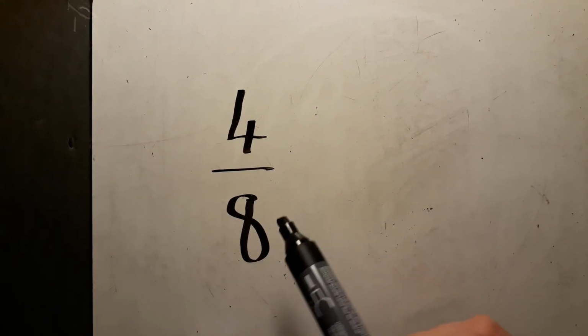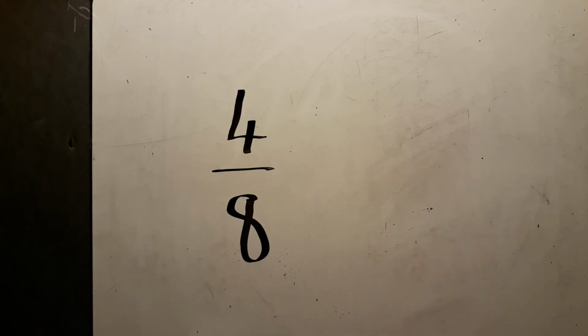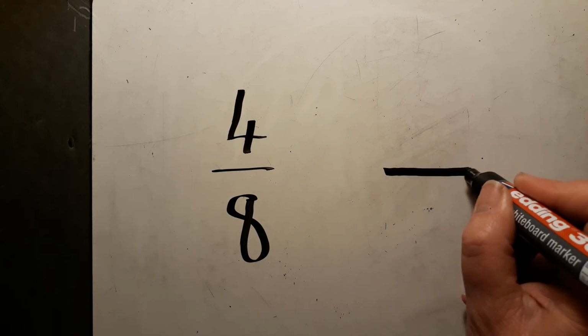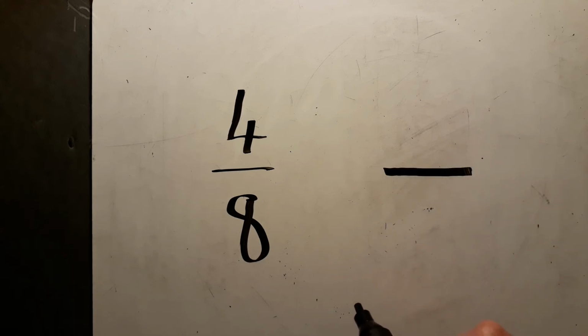I just thought we'd have a quick look at this 4/8 fraction and think about why we're using multiplication and also division. The clearest thing I can tell you, I hope, is to think of what division is.